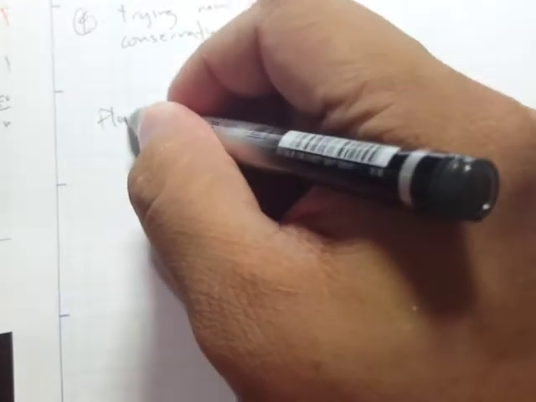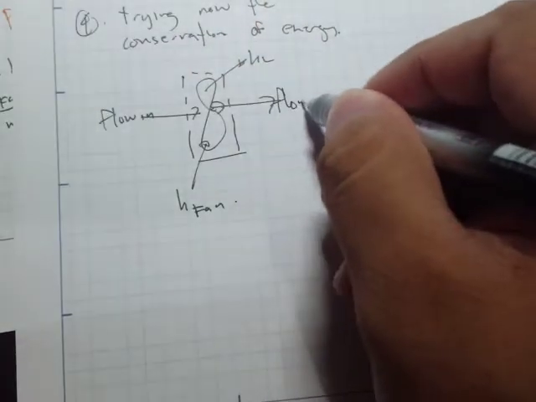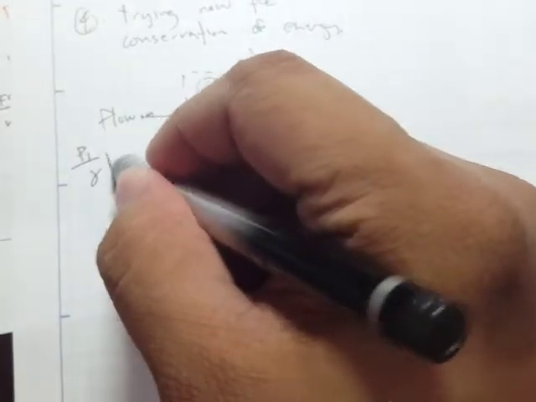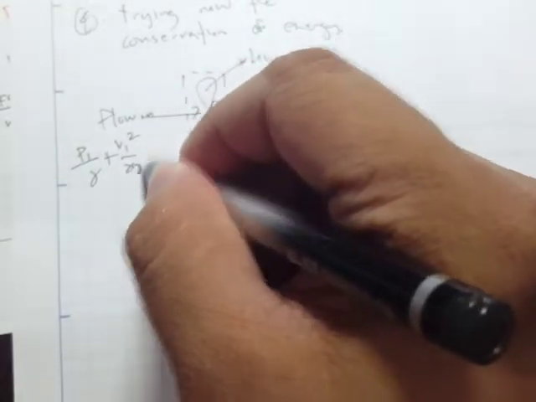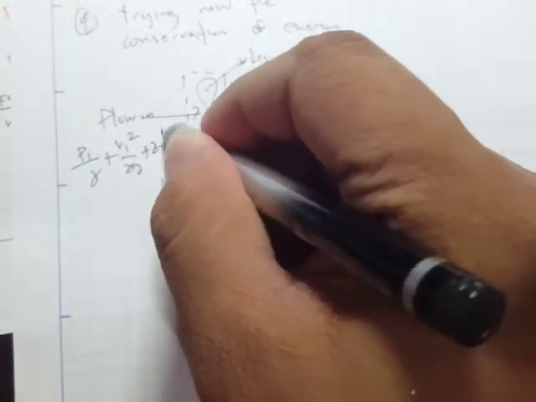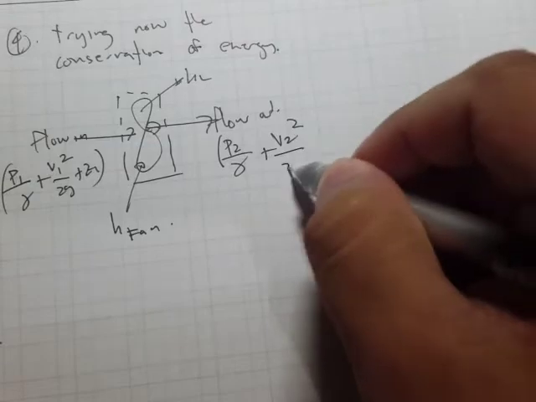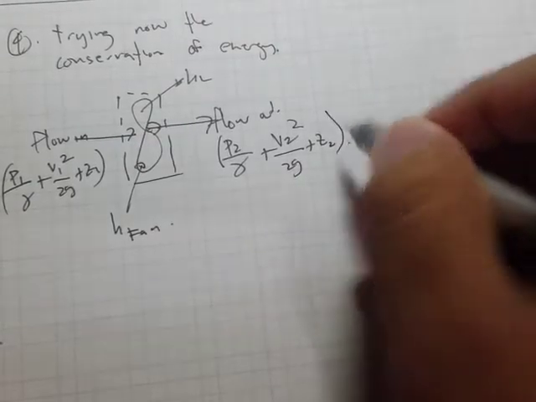So we have P1 over gamma plus V1 squared over 2G plus Z sub 1, and P sub 2 over gamma plus V sub 2 squared over 2G plus Z sub 2.